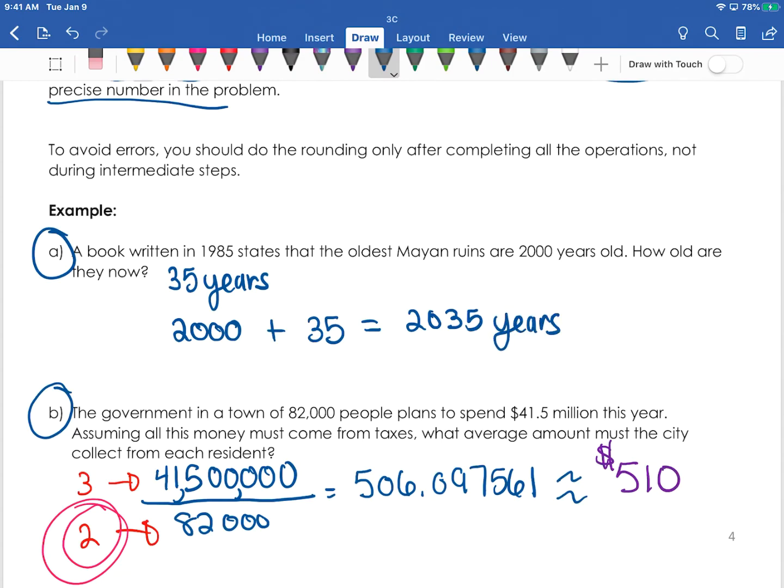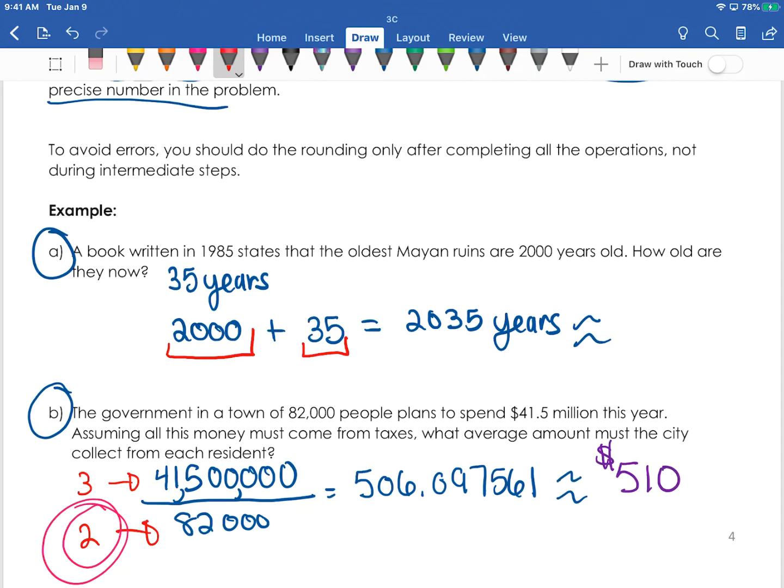However, when we round it to our final answer, using our rules for accuracy and precision, since I'm adding, I want to look for the least precise number. That means the number with the least amount of detail. This number here has the least amount of detail because it's rounded to the thousands, whereas this is rounded to the ones. So the 2,000 has the least amount of detail in the number.